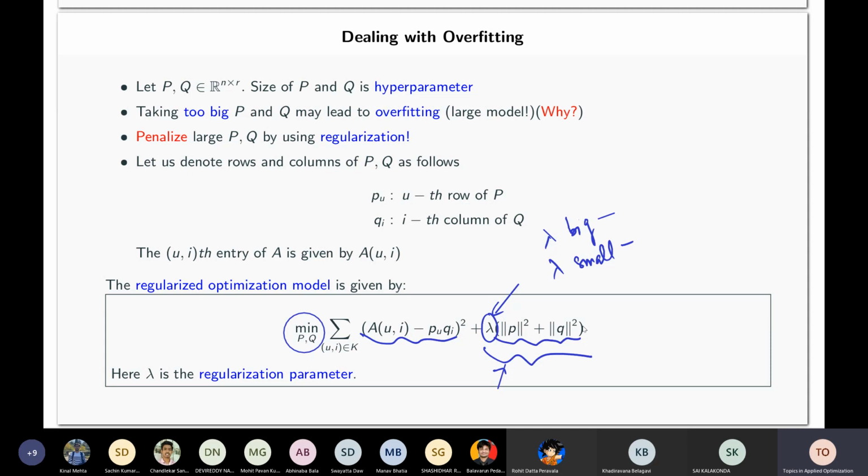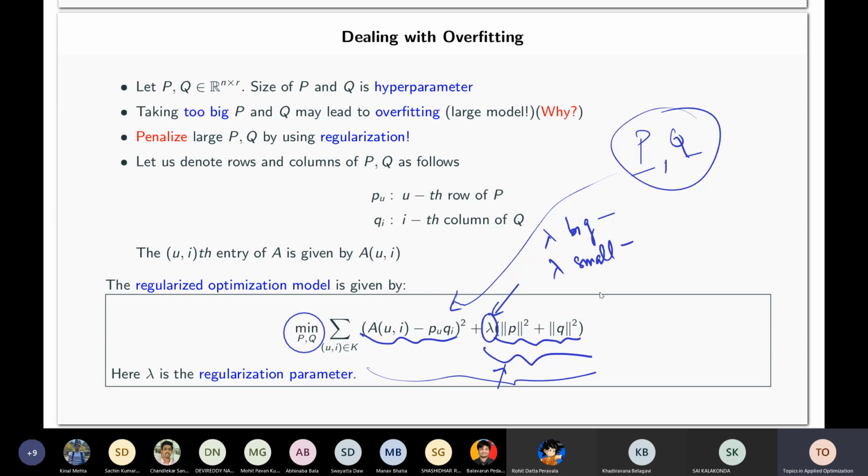So it will try to minimize your model size more aggressively. It's a trade-off you have to play with. Lambda is a hyperparameter again. Initially, as I said, P and Q sizes are hyperparameters, but you may go via a regularization parameter route, but then you have to play with lambda now. So how aggressive do I want to be?